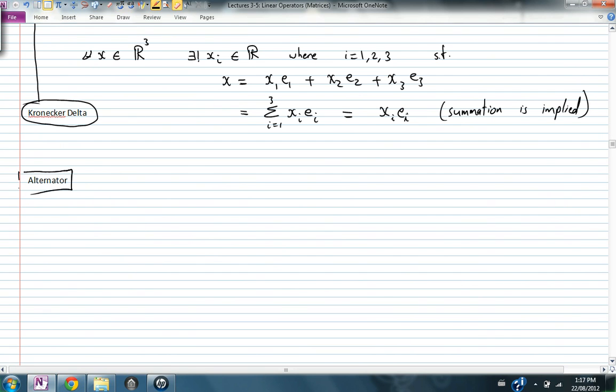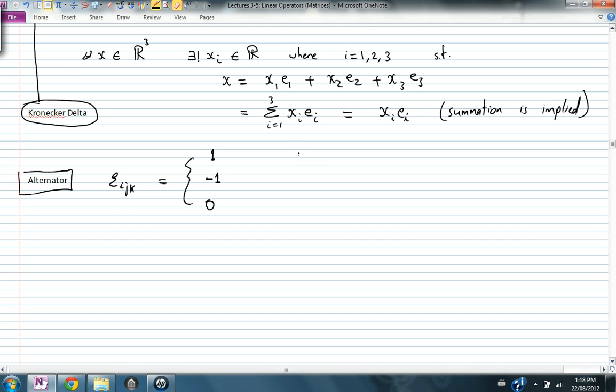Another convention that's used is the alternator, epsilon ijk, which, depending on the values of i and j and k, can be equal to 1, can be equal to -1, or can be equal to 0.